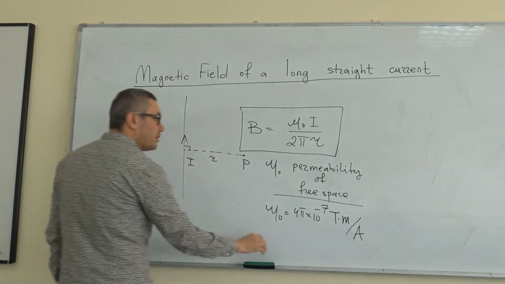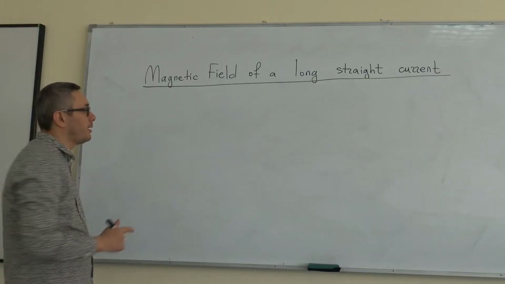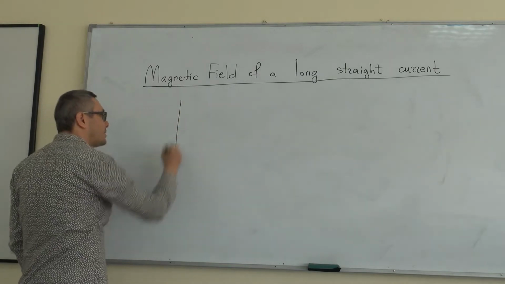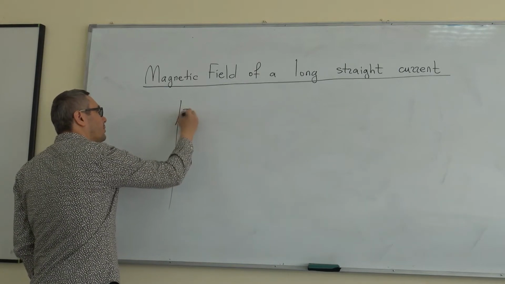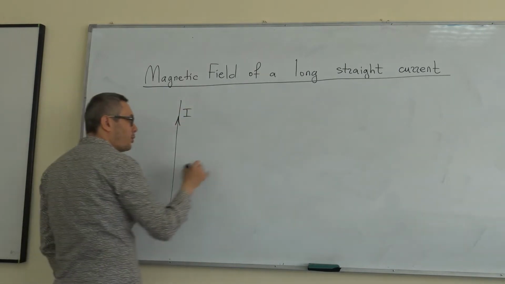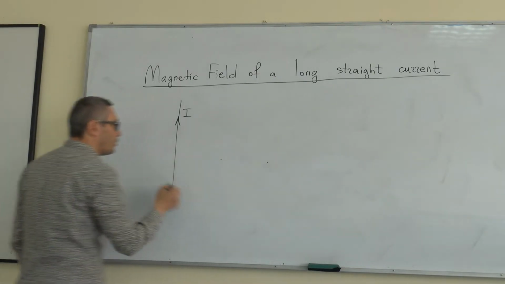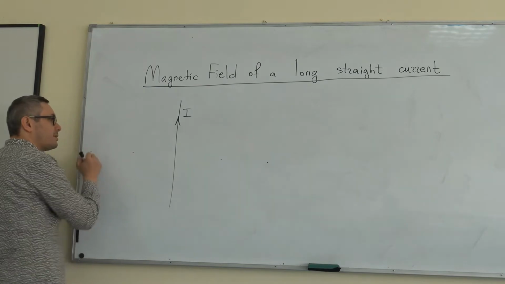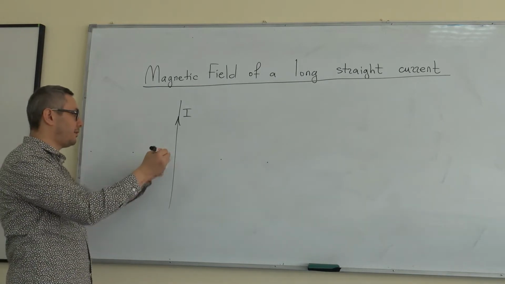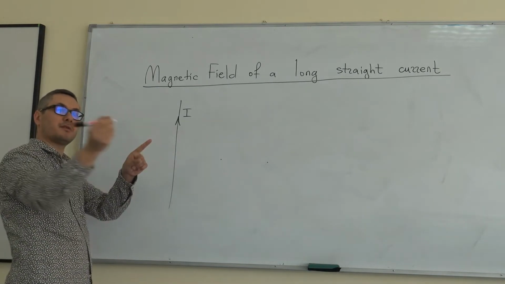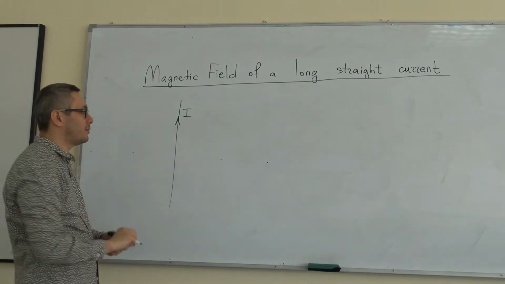Well, let's try a few examples. Let's say that we have a current flowing up. We want to find the magnetic field at this point, this point, this point, and this point, and then we're going to discuss the magnetic field here, because it's a three-dimensional structure, and here, at this different point.